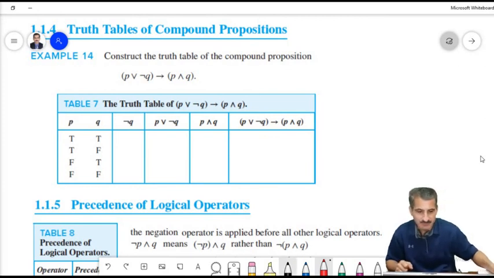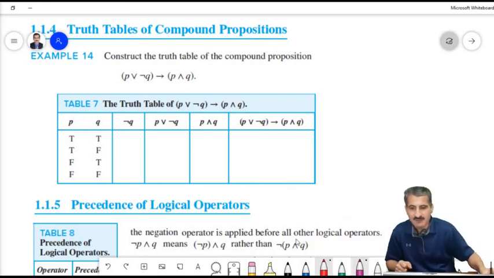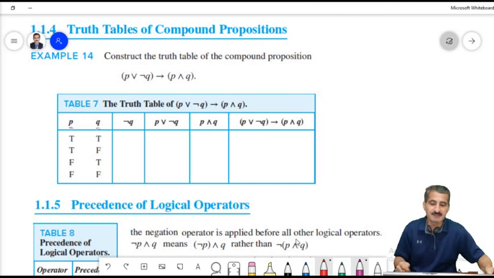So to do so, first we list the truth values of P and Q this way: true, true, false, false, true, false, true, false. You may ask me, what if we have 3 propositions? How do we list the truth values for them? And I will answer that in a while. Okay. Now to evaluate the truth values of these, we look at the components.